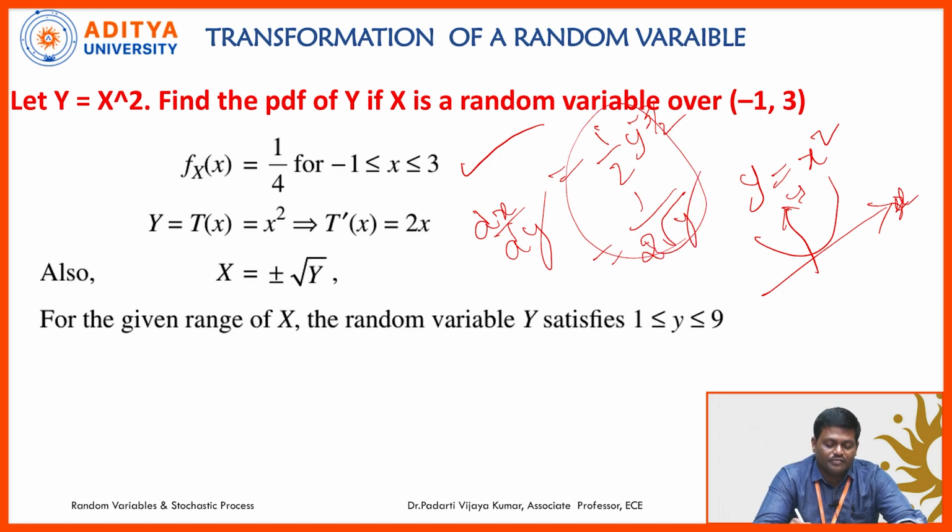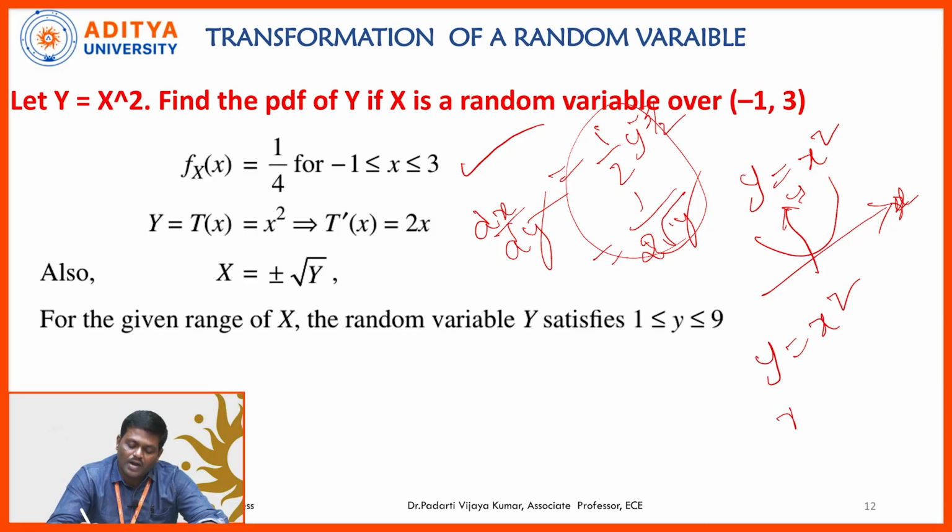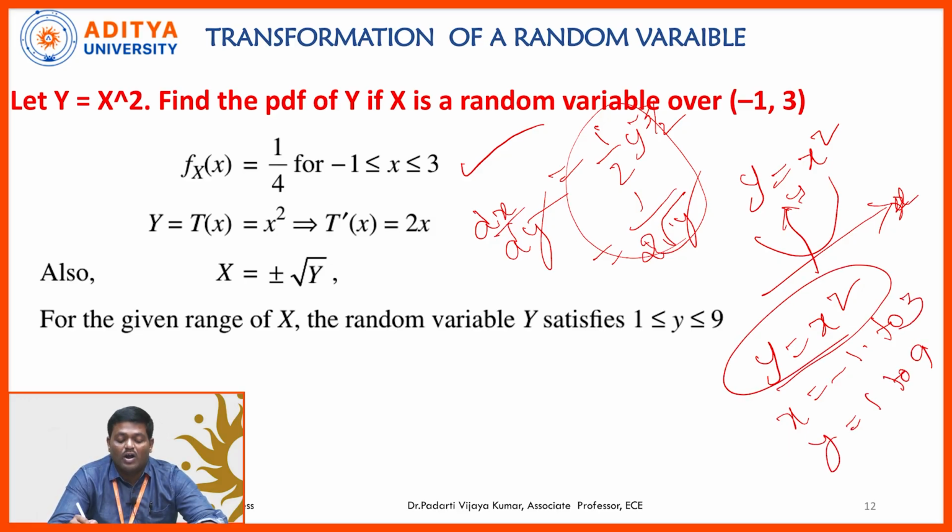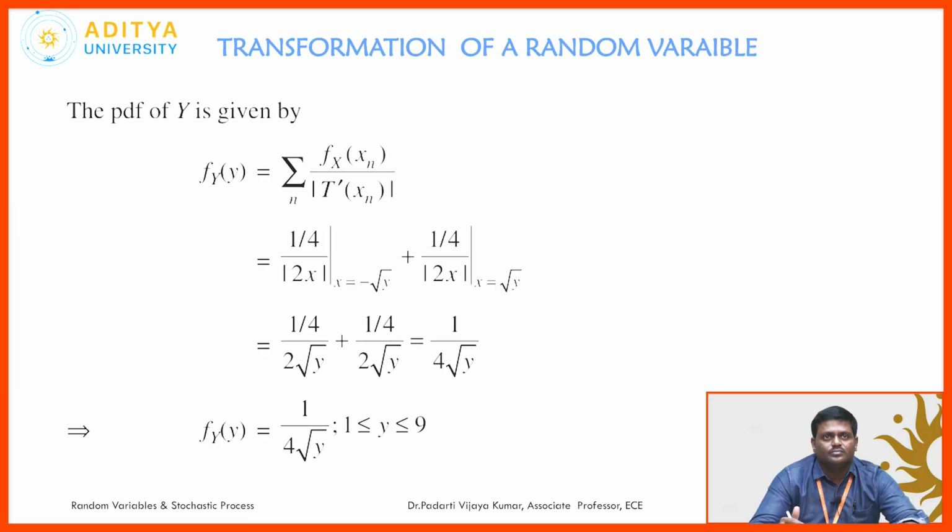So, when you do the differentiation, dx by dy will be this. Now, y is equal to x square, x limits are from minus 1 to 3, y limits will be 0 to 9 because of this transformation.